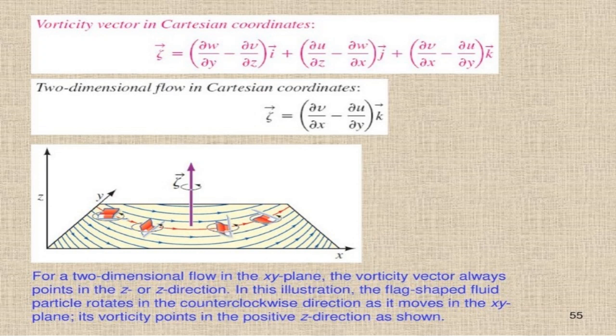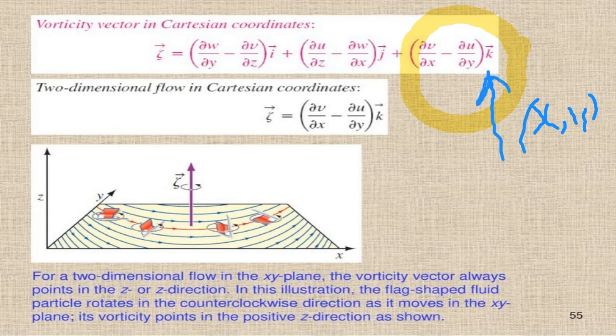So this is the vorticity on the xy plane only, and it has a vector of k because of the sign of the vector. This is a counterclockwise rotation, so counterclockwise is positive. Counterclockwise moment, counterclockwise angle, counterclockwise rotation, they are all positive because they all give you a positive k vector, right?